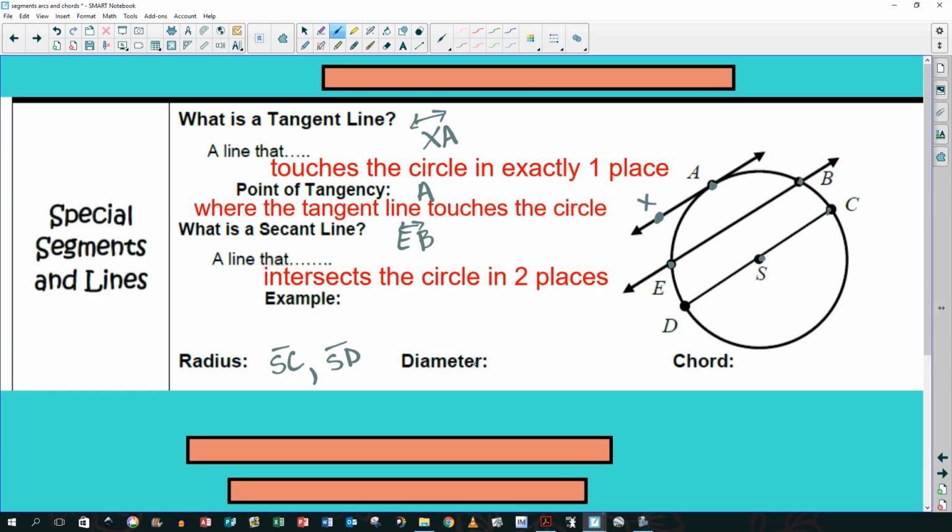The diameter goes from one edge of the circle to the other, and it goes through the center. So DC would be my diameter. A chord is any segment in a circle that has 2 endpoints on the circle. So like DC is a chord, EB is also a chord. So it's a secant if it goes through, and it's a chord when it stops.